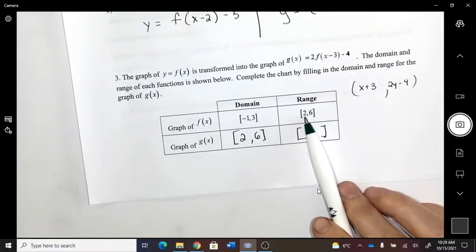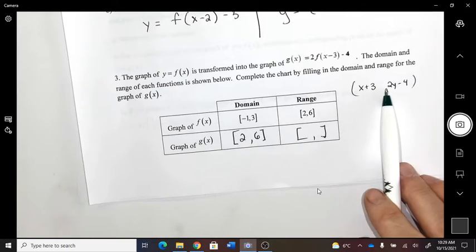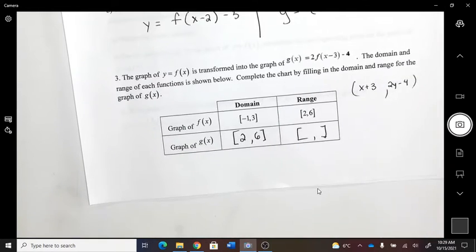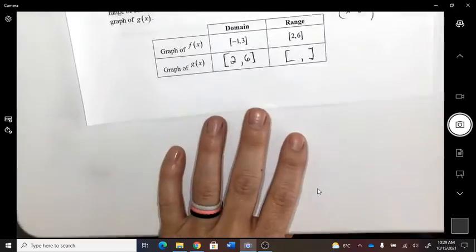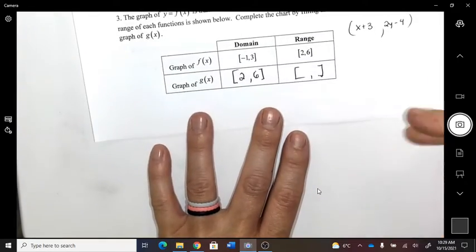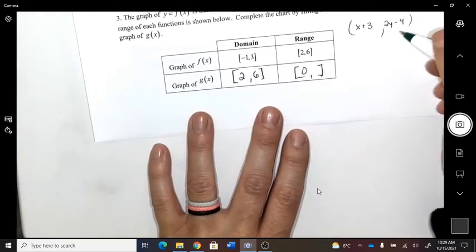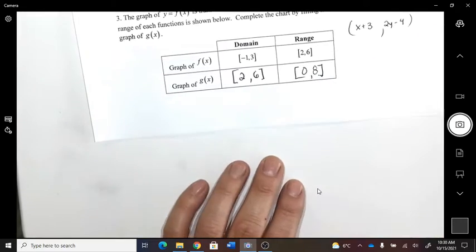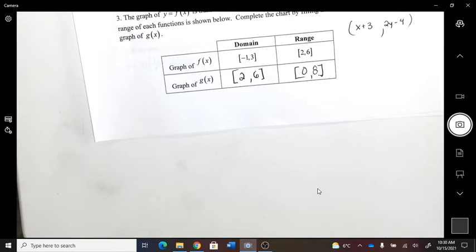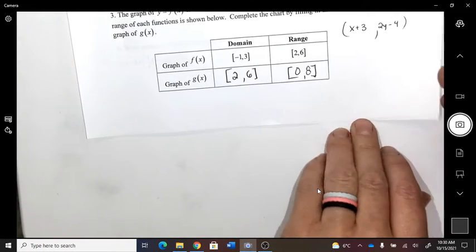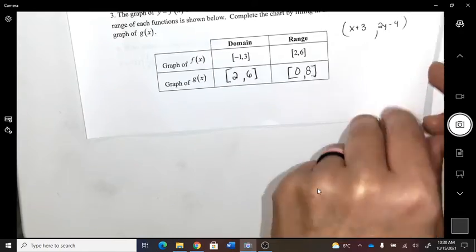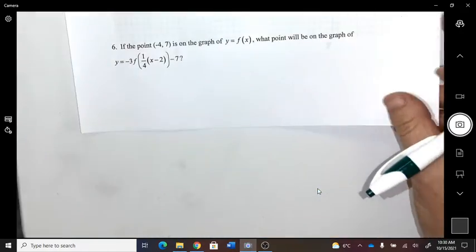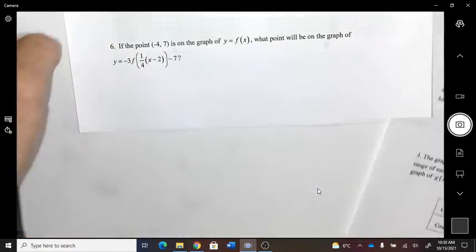So you need to double it. So times by 2 and then subtract 4. That's what you're doing to those numbers, both of those numbers. Times by 2, subtract 4. Tell me if we're not matching. Those were good? 0 and 8? Okay.